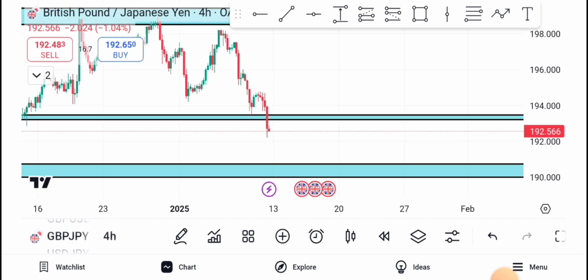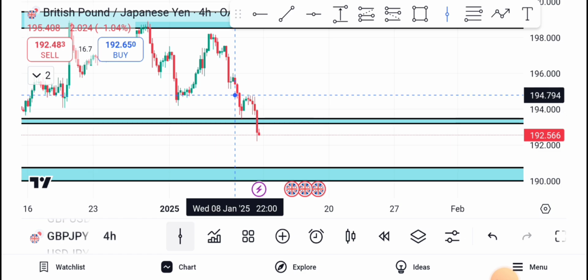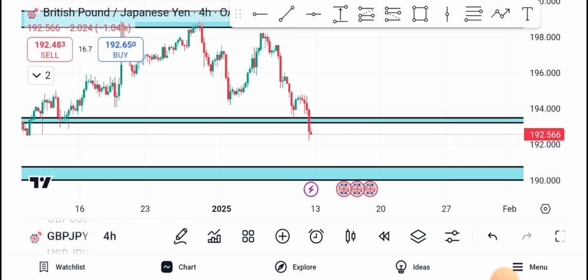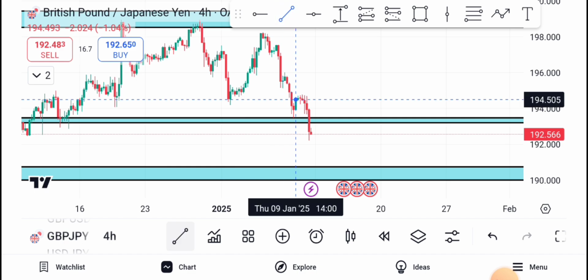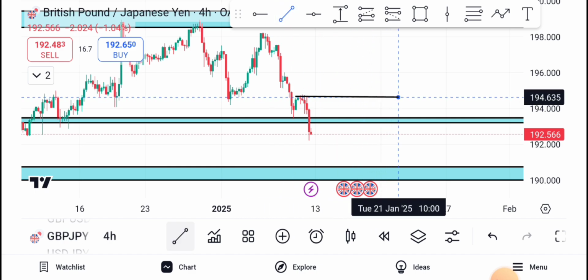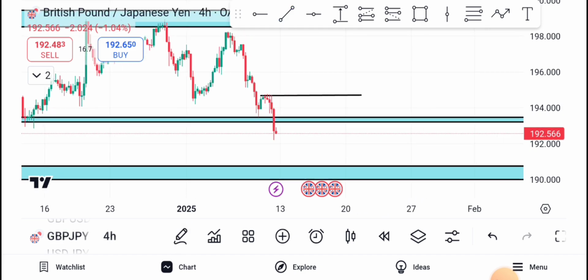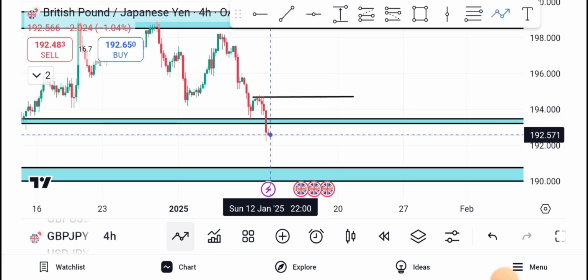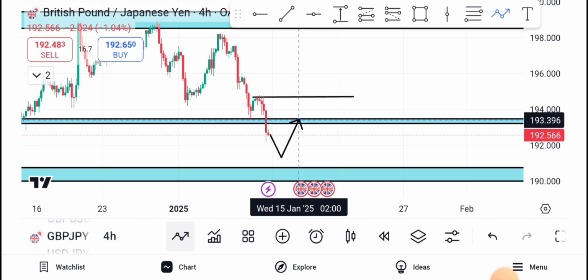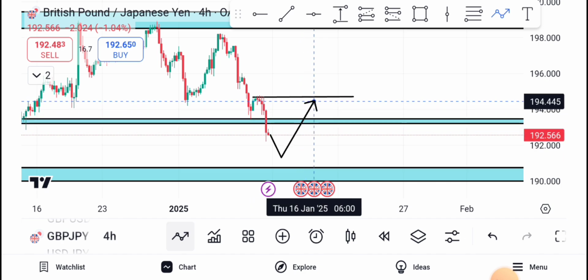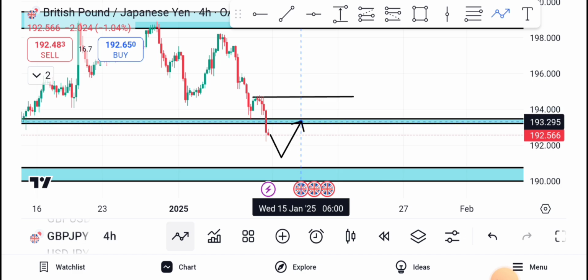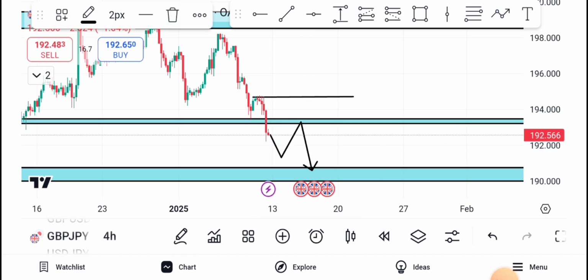Okay, so on the 4 hour, this was the last high, lower high the price has created. This lower high here. This is the last lower high. So what I'm waiting for this week is for price to come into this zone, anywhere between these areas from here to here, and then we sell back here.